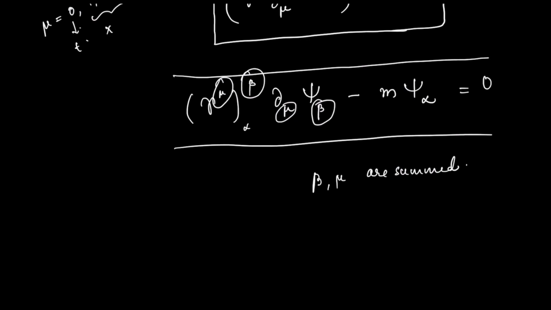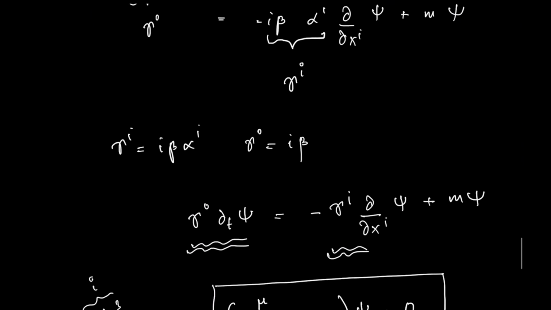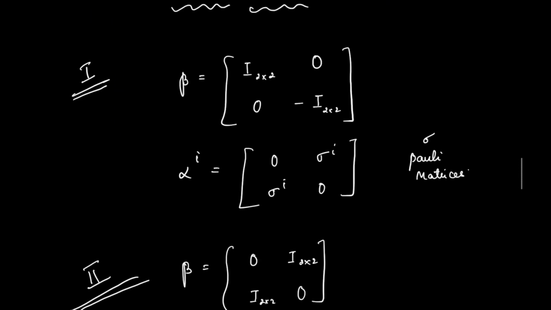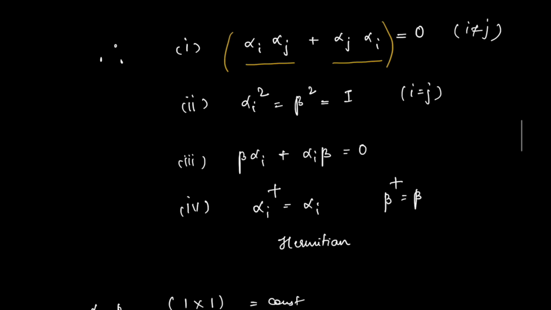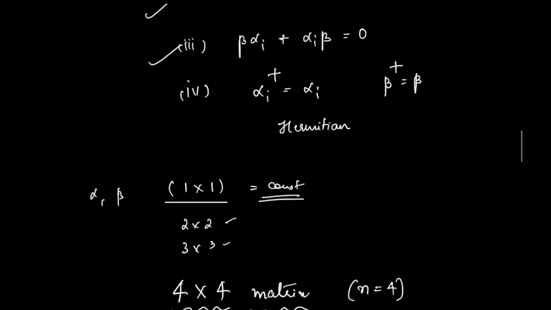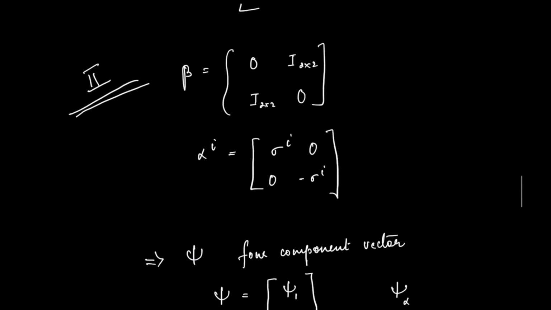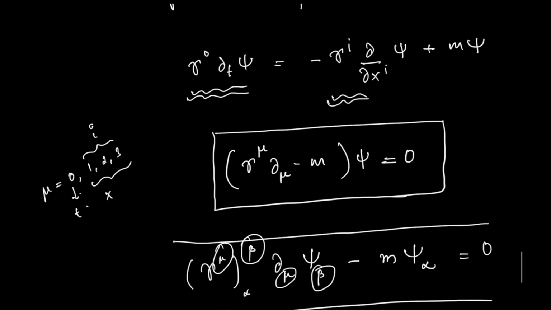For fermions, you have to deal with the gamma matrices. Therefore the conditions 1 to 3 have to be written in terms of gamma matrices, because for fermions you always have to deal with gamma matrices. So I'll rewrite all the conditions in terms of gamma.